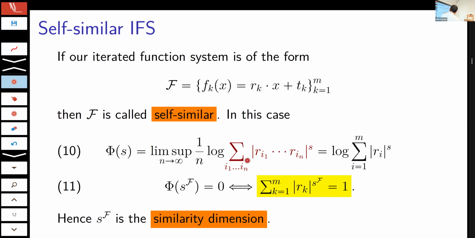By my definition, the natural dimension is the unique zero of this function. And we obtain that this unique zero is actually the unique s number satisfying this yellow formula down here, which is how the similarity dimension is usually defined. So the natural dimension is just a straightforward generalization of the similarity dimension to piecewise affine systems.